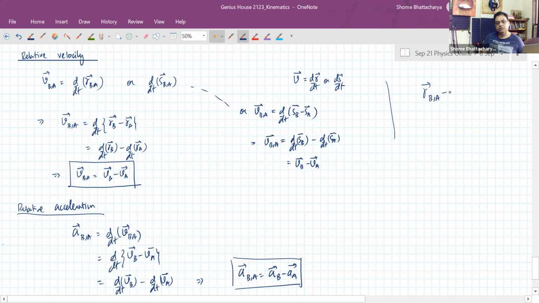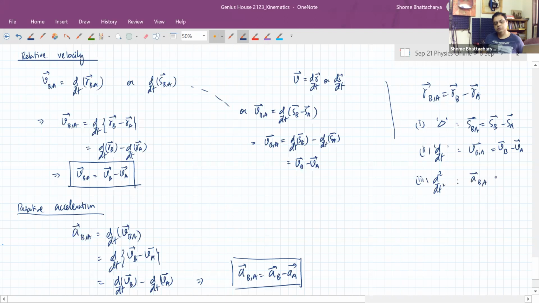Position of B with respect to A is position of B minus position of A. So now in this equation, if we apply delta on both the sides, we have displacement of B with respect to A. And if we apply instantaneous rate of change on both sides, so we have the relative velocity, and similarly, if we double differentiate this with respect to time, we get the relative acceleration. So calculus-wise, it's a very simple definition actually.